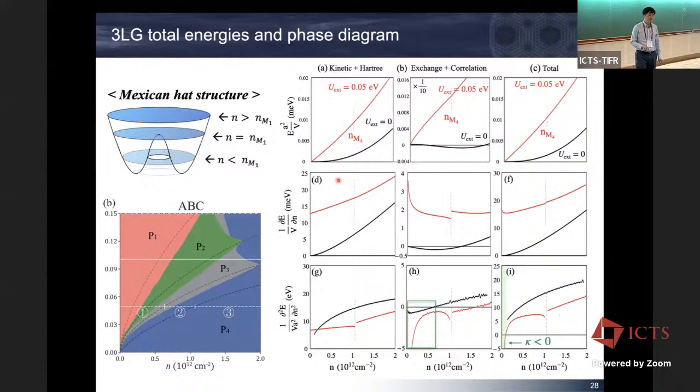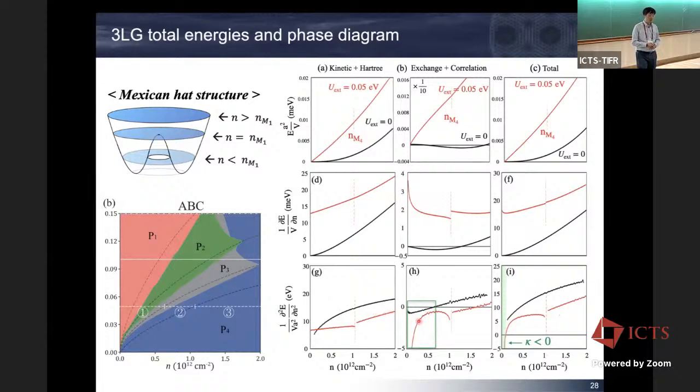So that's why, in principle, you get a discontinuity at the moment the Fermi surface becomes a point. And these are the energies. And here we have the second derivative of the energy with respect to density, which is related with this compressibility of the system.